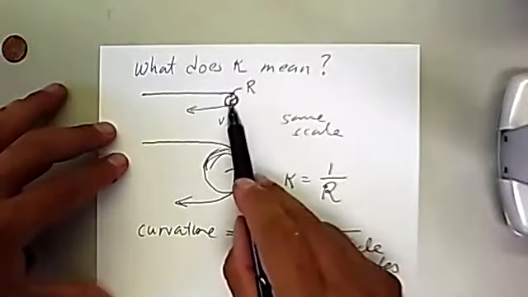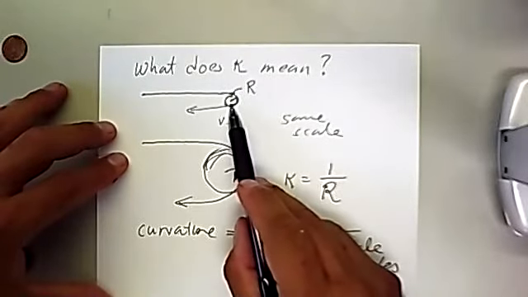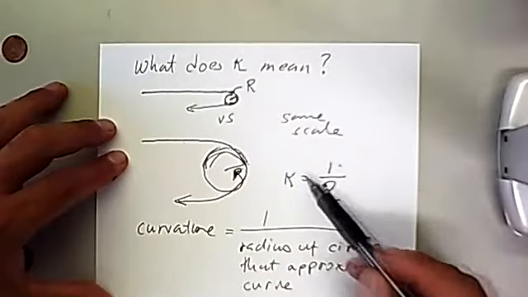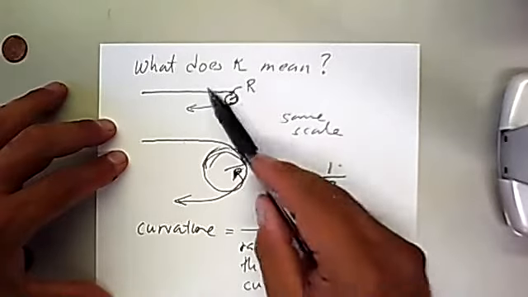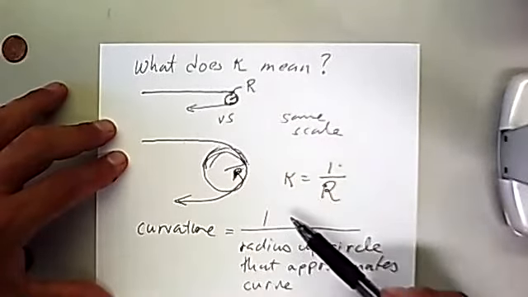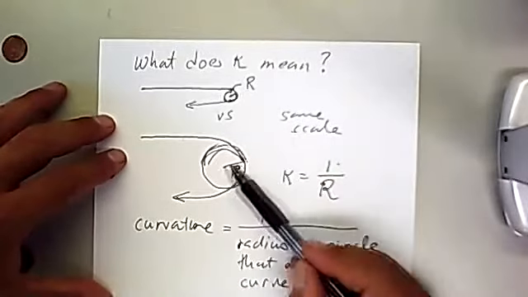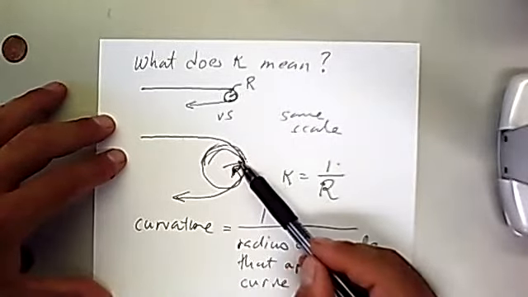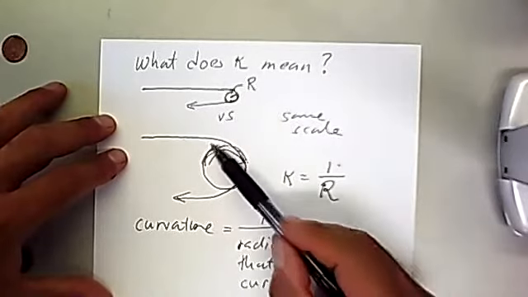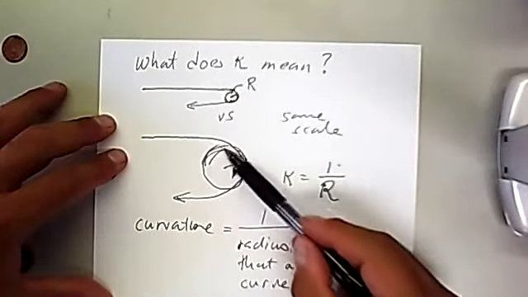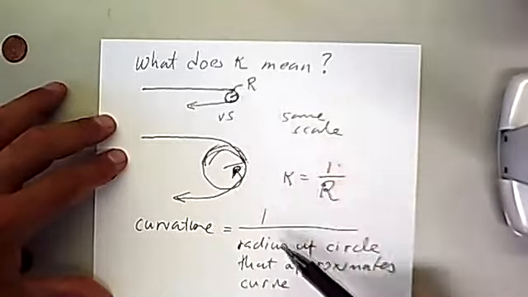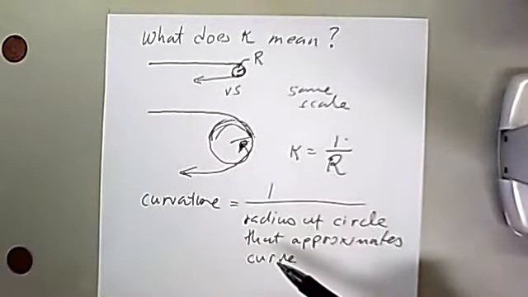So the smaller the radius, since we're doing reciprocals, the bigger the curvature, the more it is going to turn, the faster it turns. The bigger the radius of the circle, because we're dividing, the smaller the curvature. So this is a small curvature compared to that one.